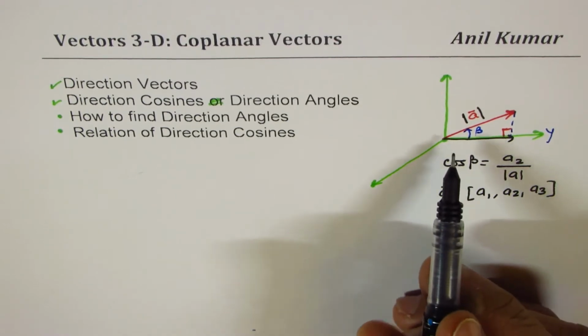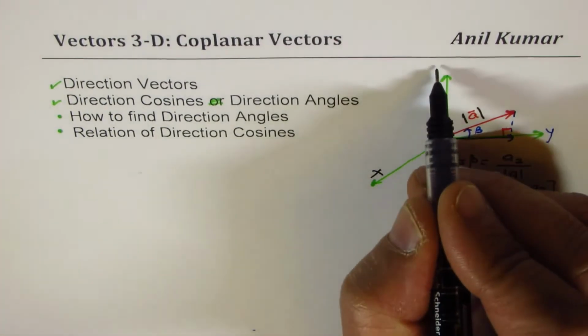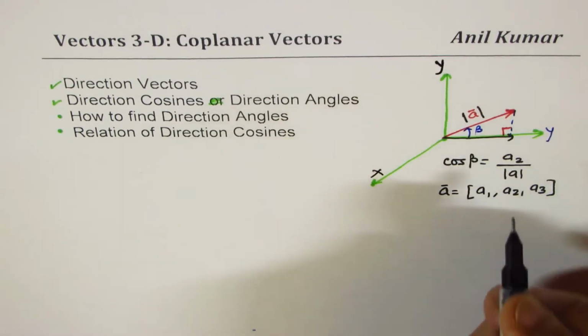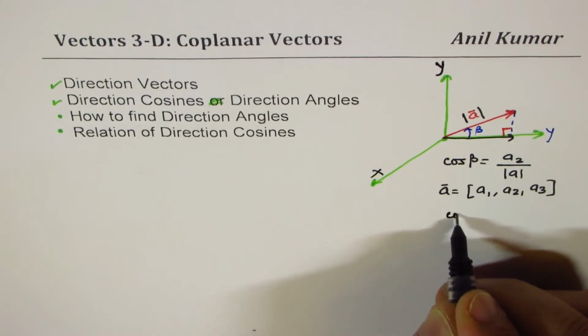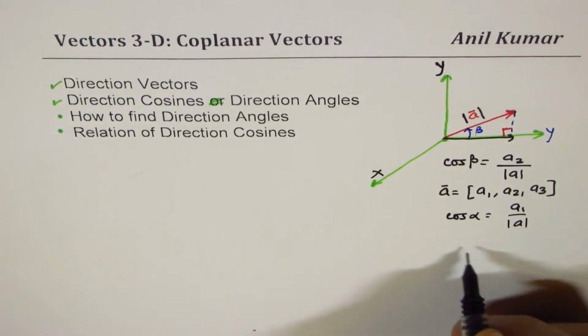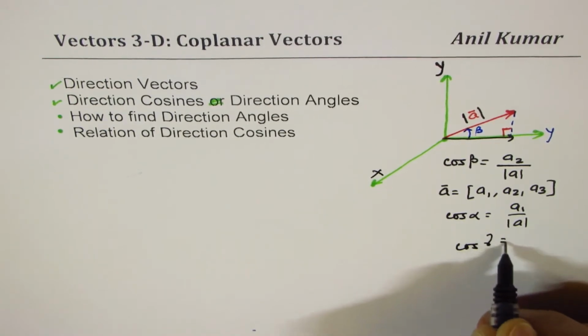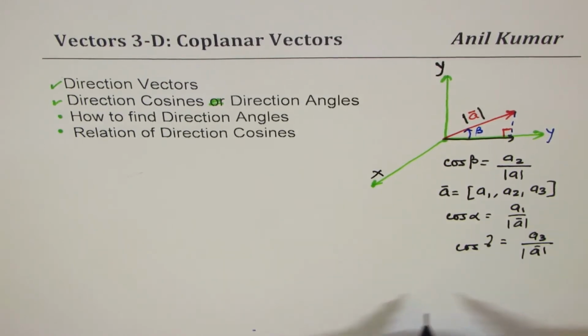We could do the same thing with the x-axis and z-axis and get the relation, which is cos alpha is A1 over magnitude of A and cos gamma will be A3 divided by the magnitude of vector A. Correct? So that is one way you could easily do it.